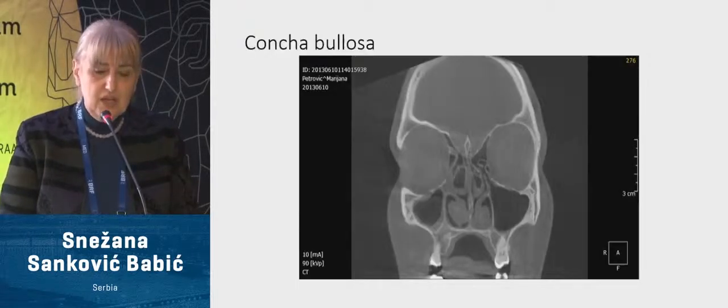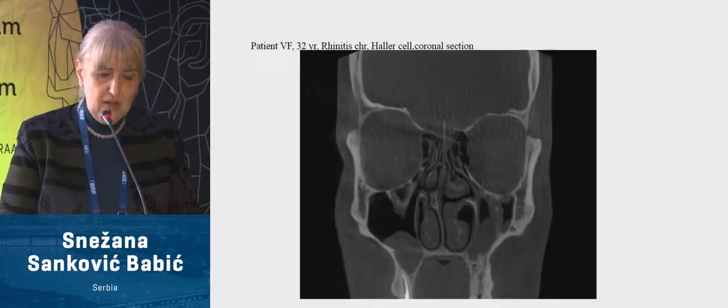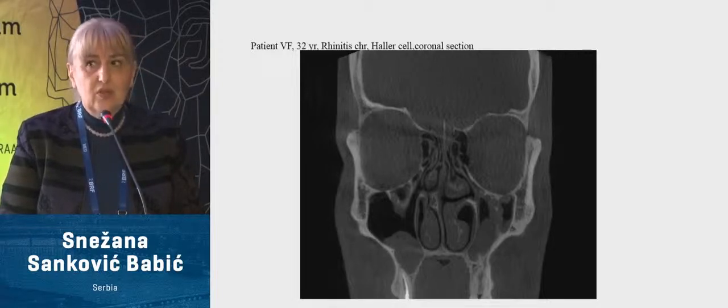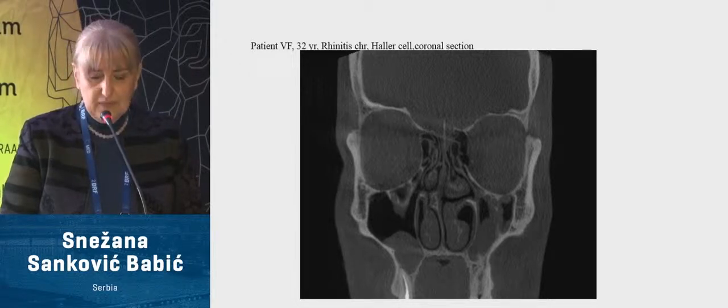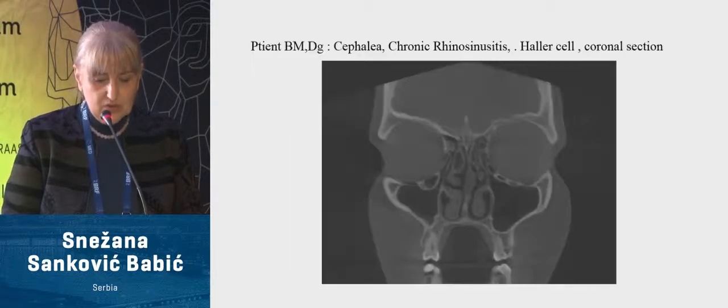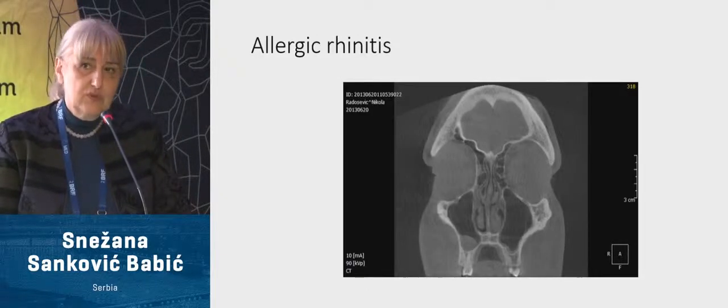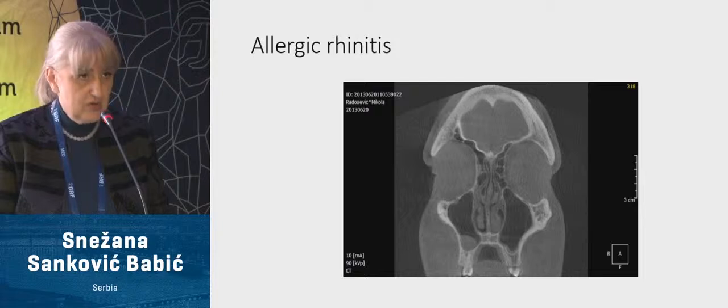Other anatomical variations like concha bullosa, Haller cell, deviation of the nasal septum, and conditions of the nasal mucosa and sinus mucosa were possible to analyze too. It is a very useful tool because of the low radiation dose.